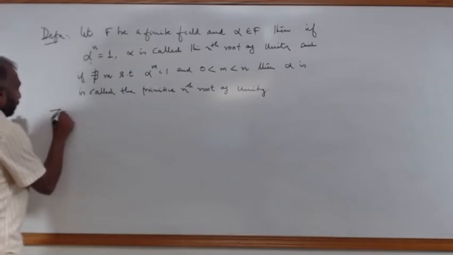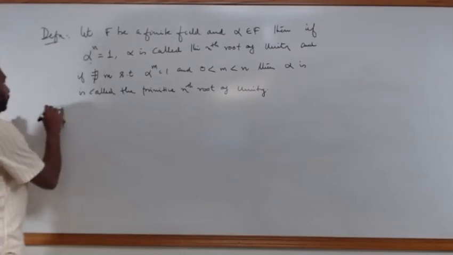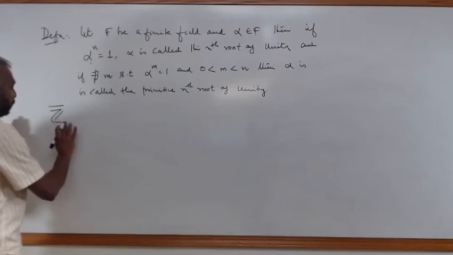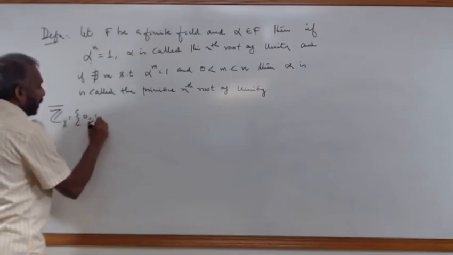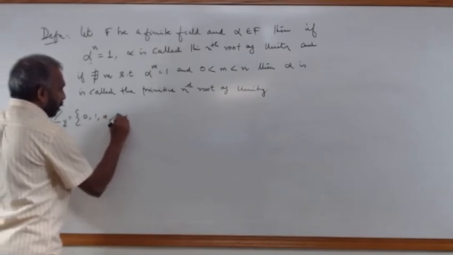We'll take the same extension of Z2 that contains 4 elements: 0, 1, alpha, 1 plus alpha.